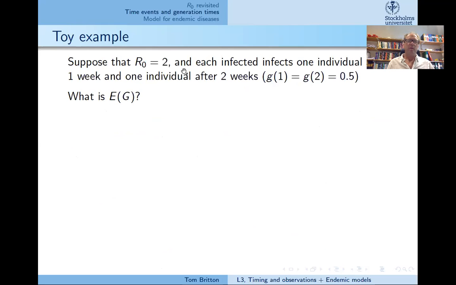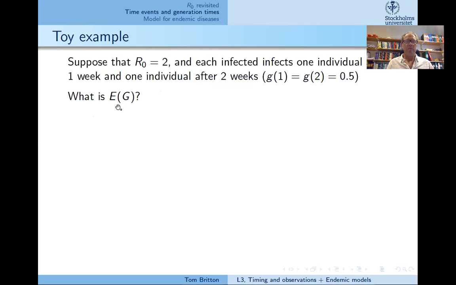And let's assume that everyone infects 2 people, and you infect 1 person after 1 week and a second person after 2 weeks. So weeks is our time unit. This implies that the generation time distribution is defined by 50% of the infections happening 1 week later and 50% of the infections happening 2 weeks later.